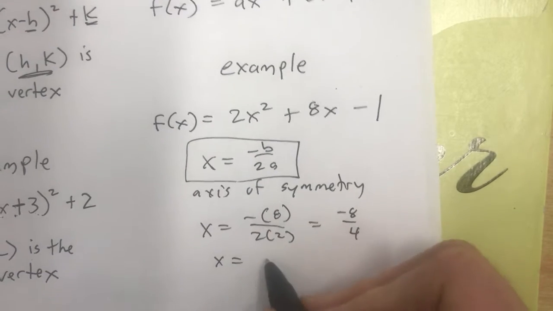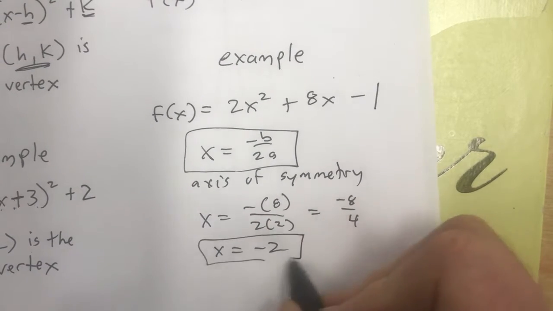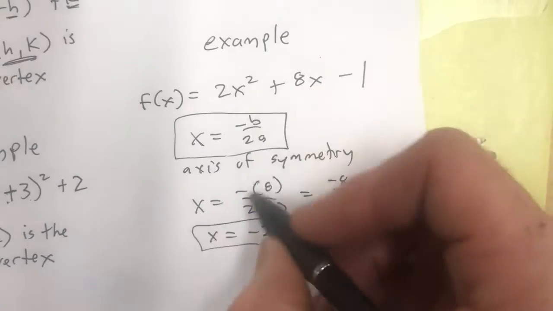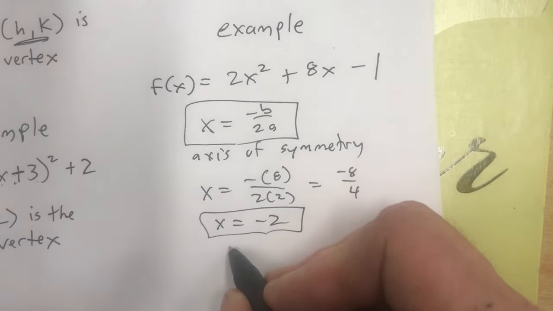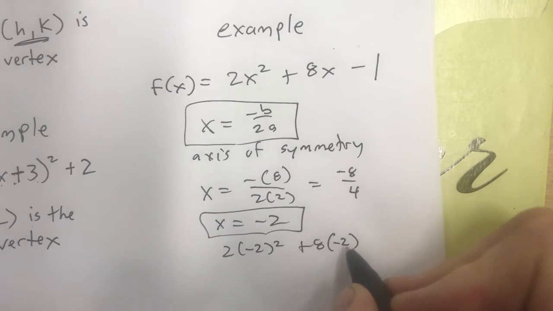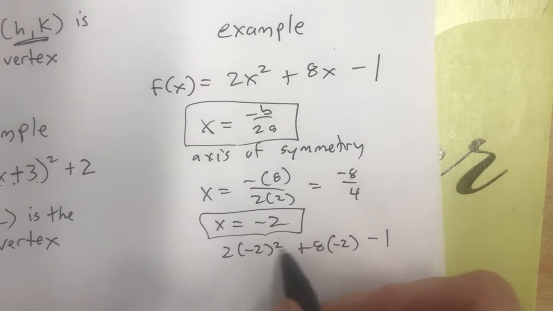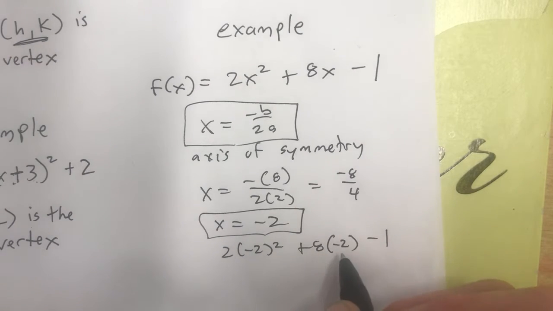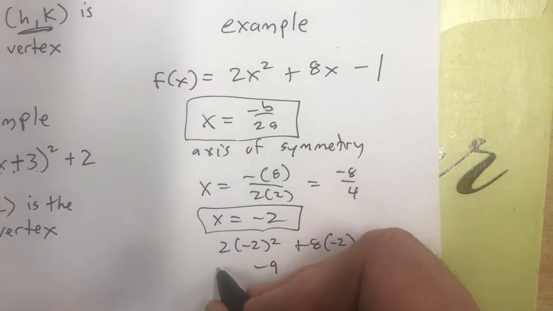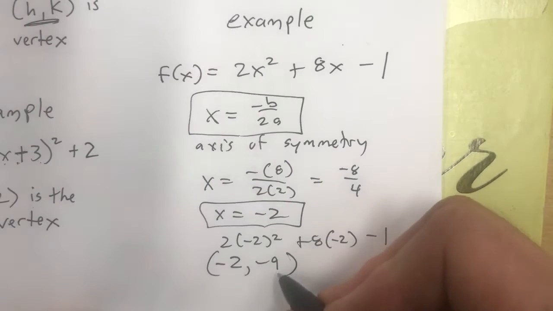So my axis of symmetry, x equals -2. Now if I plug that back in, put -2 in there, I have 2 times -2 squared plus 8 times -2 minus 1, and that gives me 8 minus 16 minus 1, which is -9. Which means -2, -9 would be my vertex.